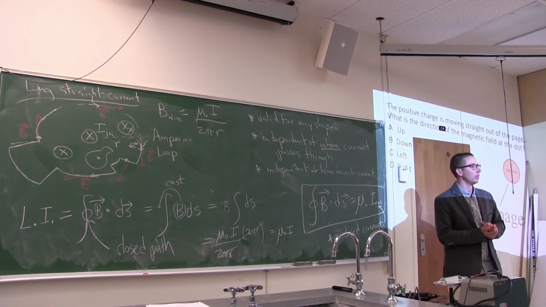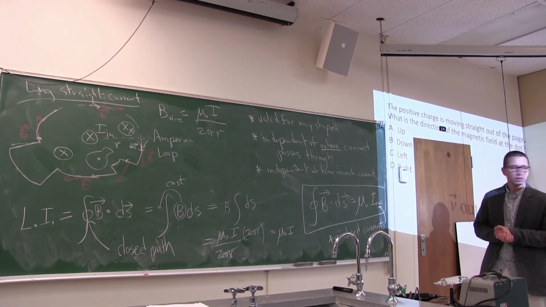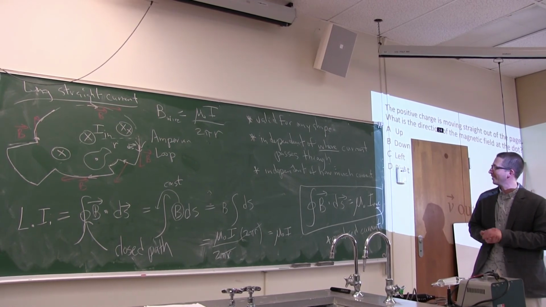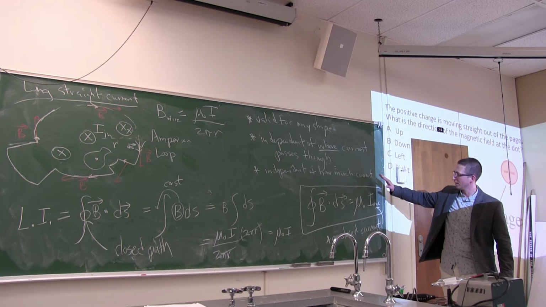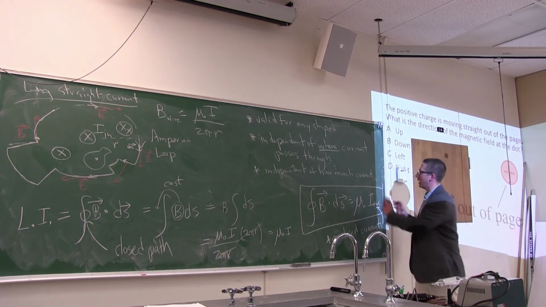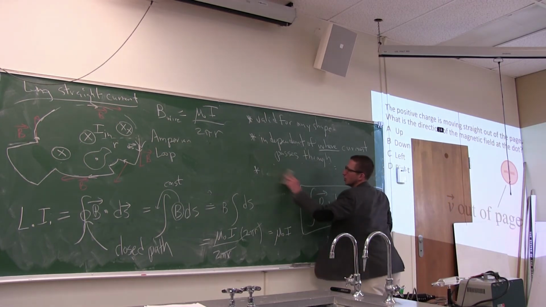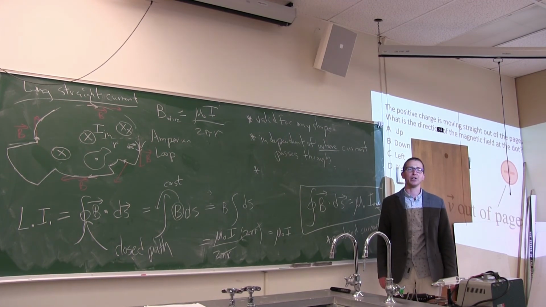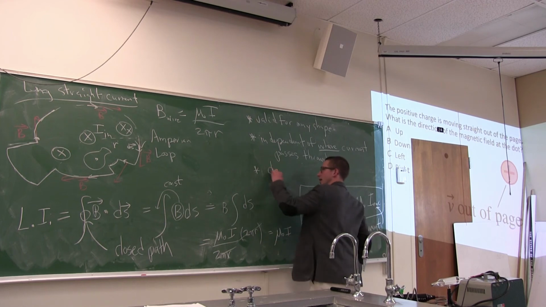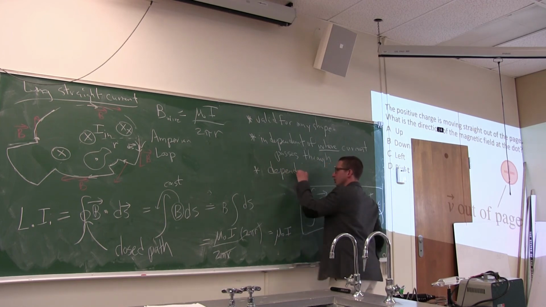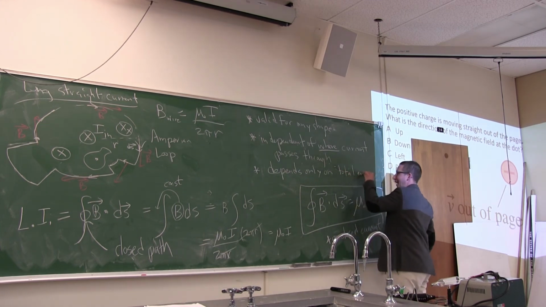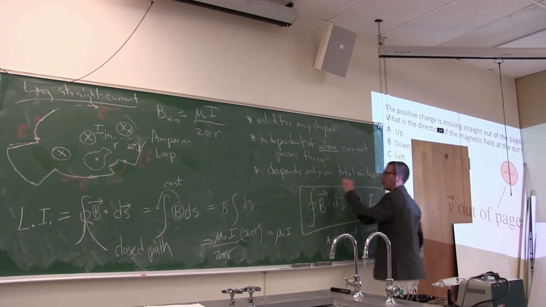Yes? If the line integral is only dependent on the current, then how can it be independent of how much current is there? Well, maybe a clearer way to write that is it depends only on the total enclosed current.